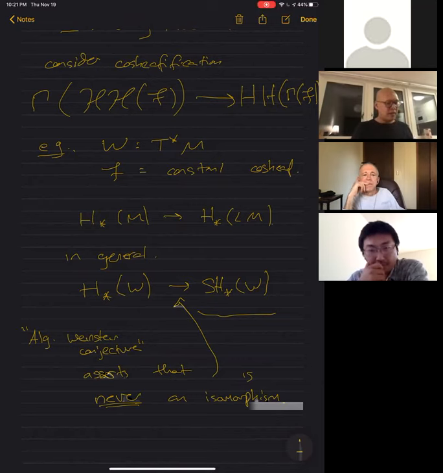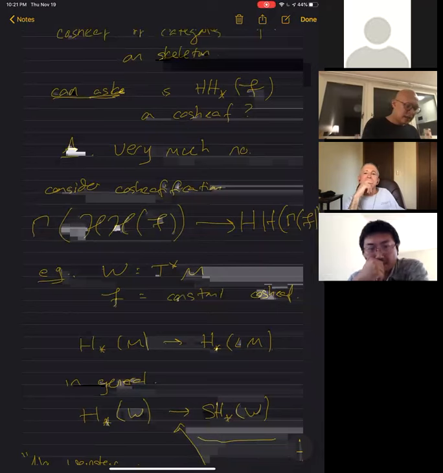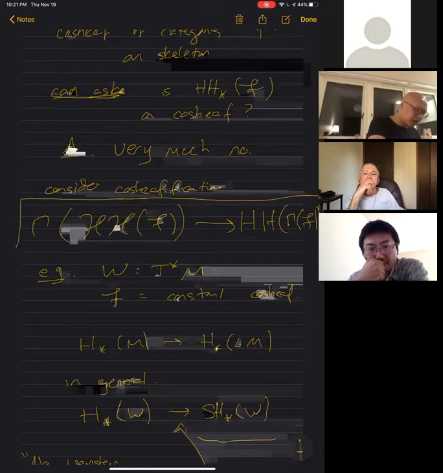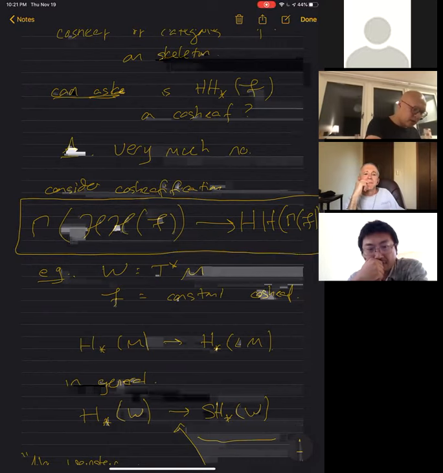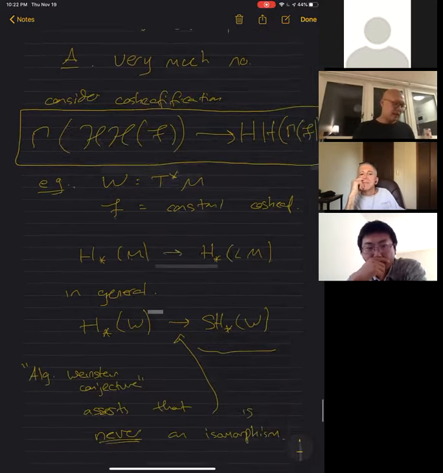But one outcome of all this discussion is that you can study this question about the algebraic Weinstein conjecture. It turns into a question about under what assumptions about sheaves of categories can you enforce that this map is not an isomorphism? And so, of course, that's something one should think about.